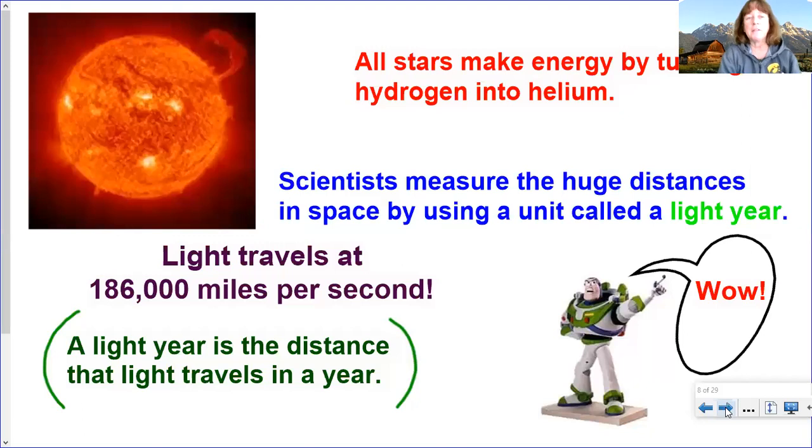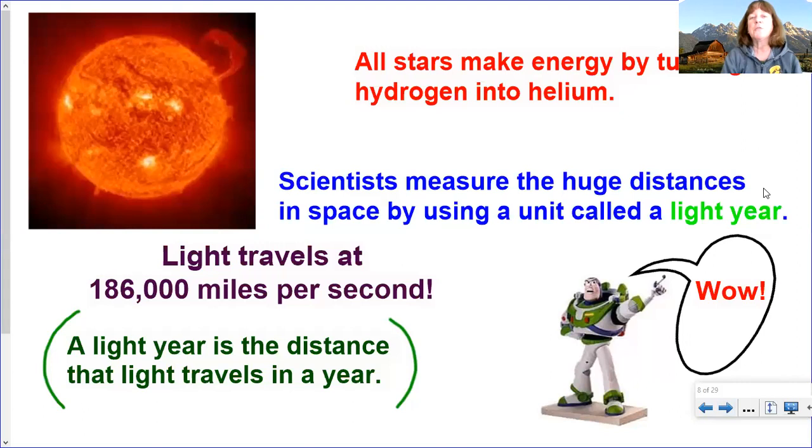Here's a couple of facts I wanted you to know about stars before we go on. And you don't have to remember or write any of this down, but all stars make their energy and their heat and their light by starting with hydrogen. Hydrogen then explodes into a gas called helium.